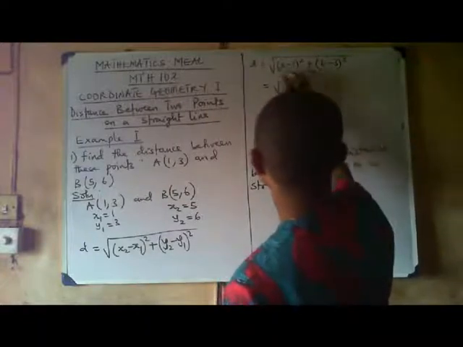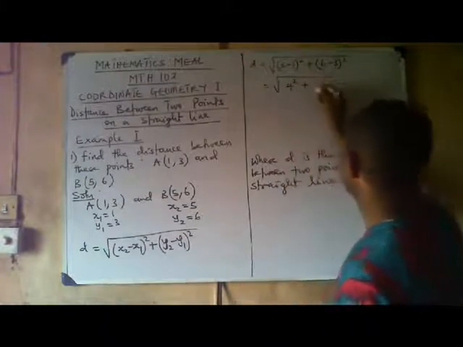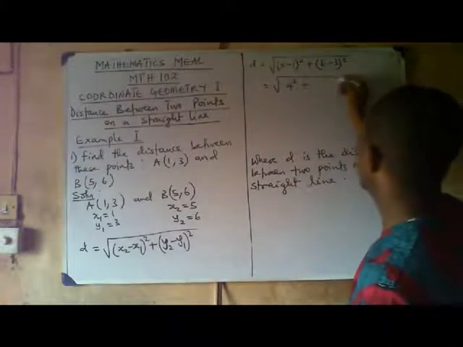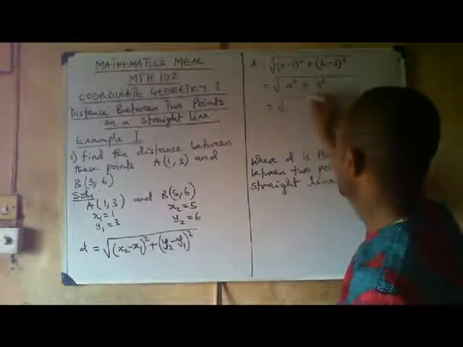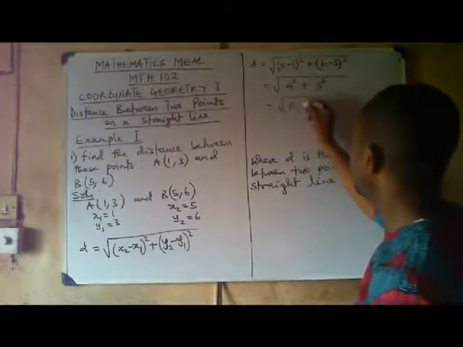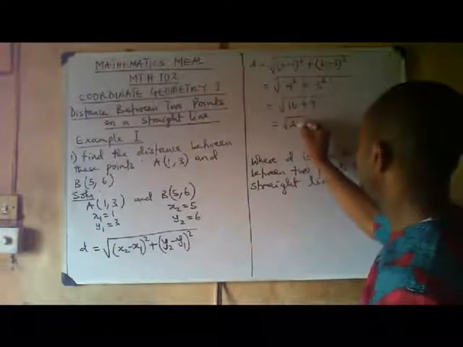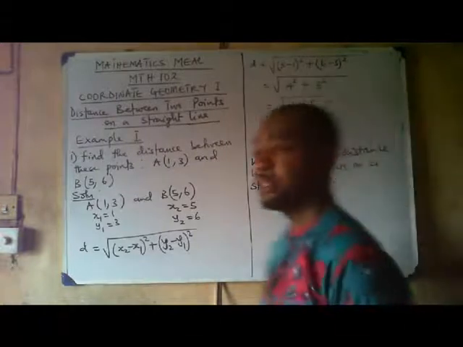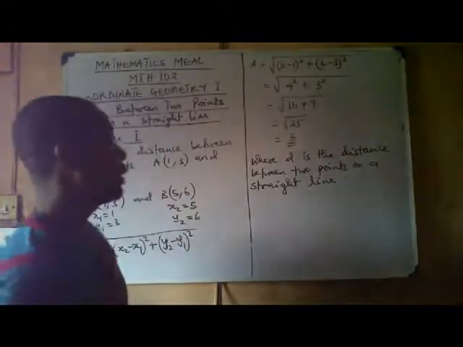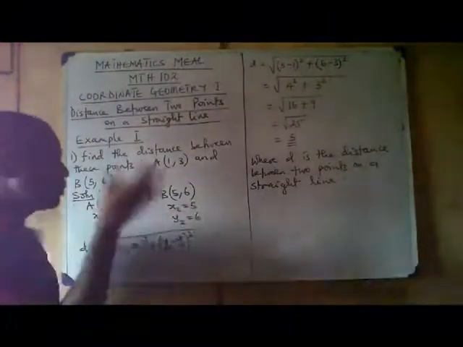That will give us the square root of 5 minus 1, which is 4, raised to the power 2, plus 6 minus 3, which is 3, raised to the power 2. That gives the square root of 4 squared, which is 16, plus 3 squared, which is 9. That is the square root of 25. And finally we have 5. That's beautiful, very beautiful and simple. All you need to do is just substitute and you'll arrive at your answer.